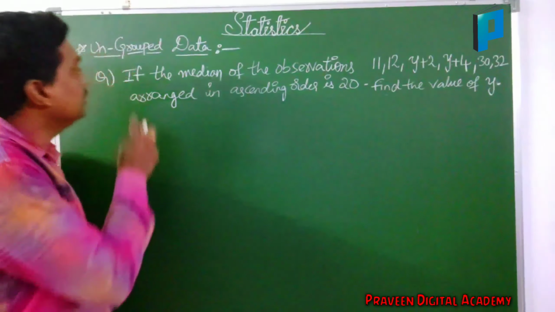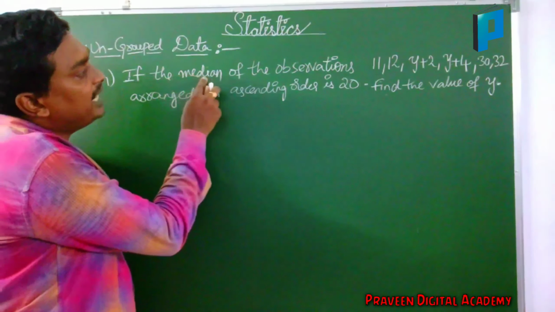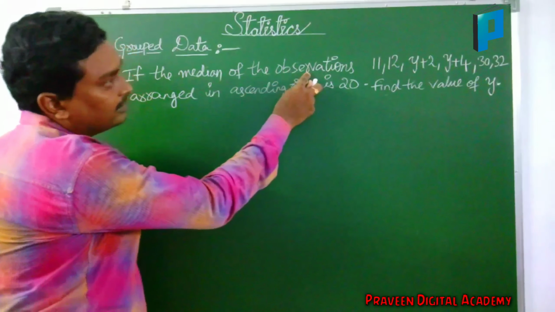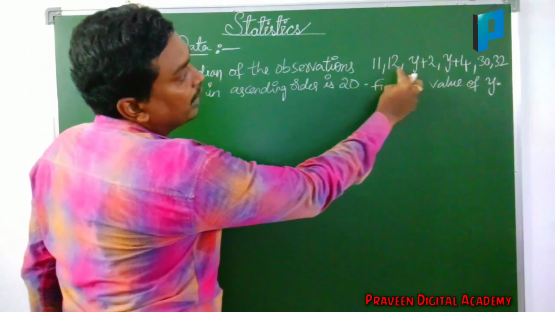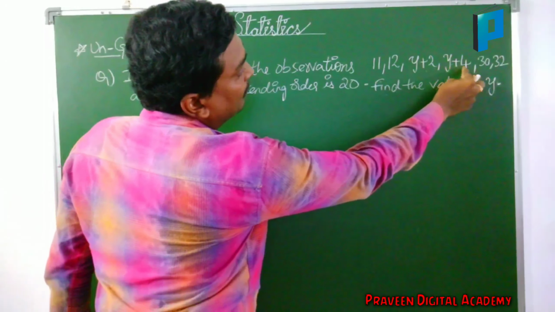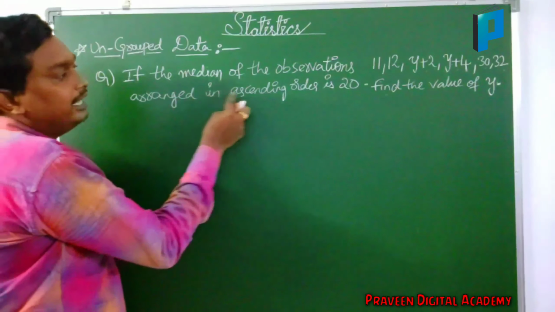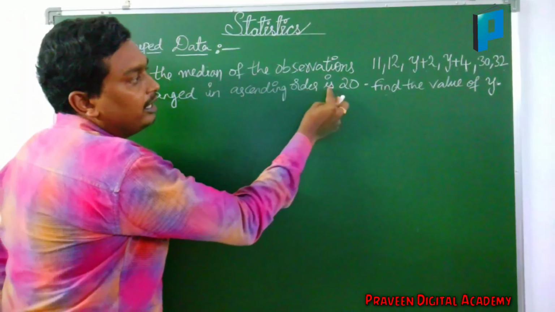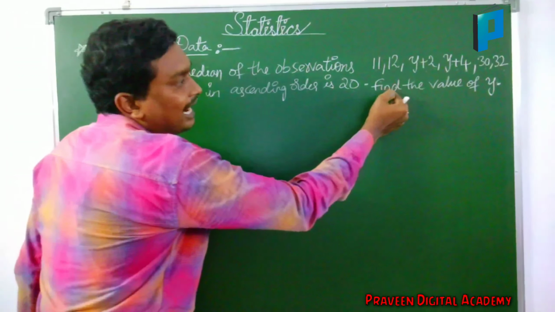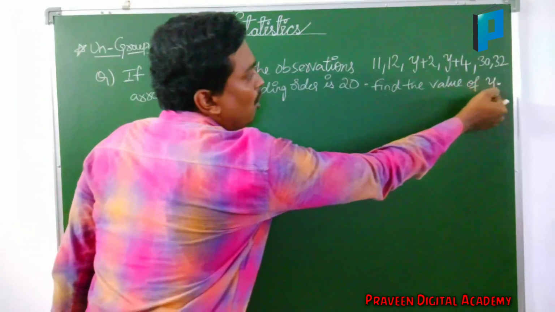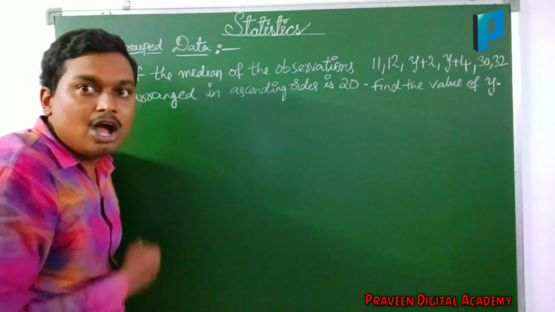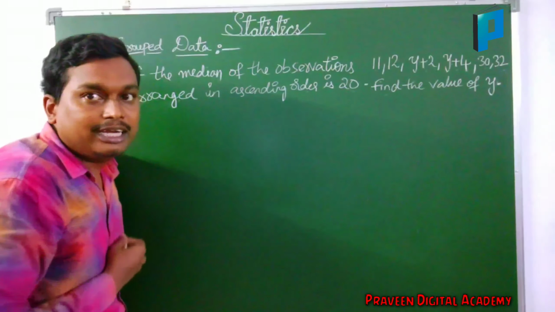And the question is, if the median of the observations 11, 12, y plus 2, y plus 4, 30, 32 arranged in ascending order is 20, they are asking to find the value of y. Here, how to solve this problem? Let us see.